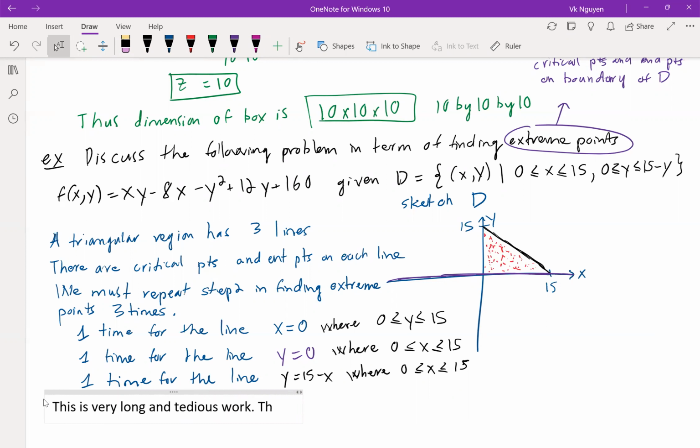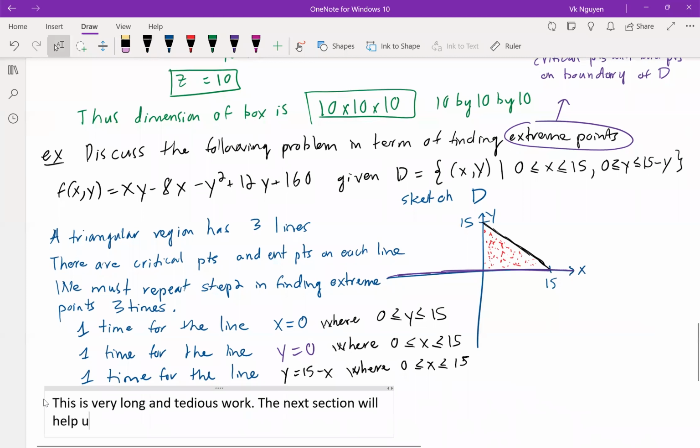The next section helps us overcome this. For now, you have to do the long way though. Once you see the next section, you can figure out the shortcut on how to find the extreme points a little faster.